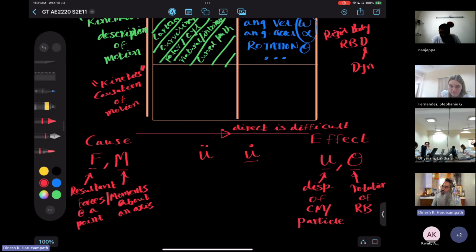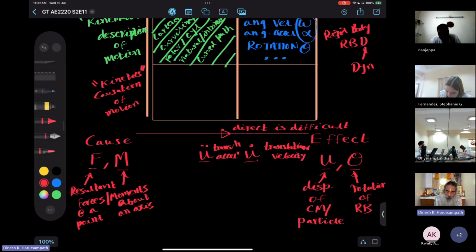These are translational velocities and translational accelerations, as you recollect, and these are vectors as well. So this is your translational velocity, and this is your translational acceleration.